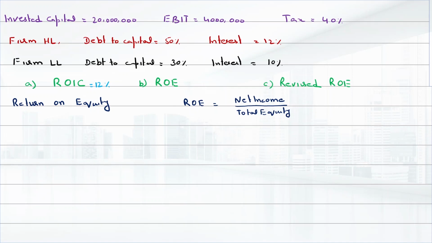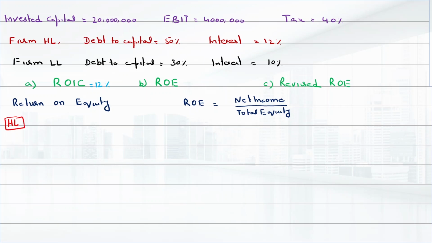Firstly, we will find the total equity, and to calculate total equity, we will firstly find the total debt, and we will find debt by using this ratio. Due to space issues, first we are going to calculate return on equity for HL company.